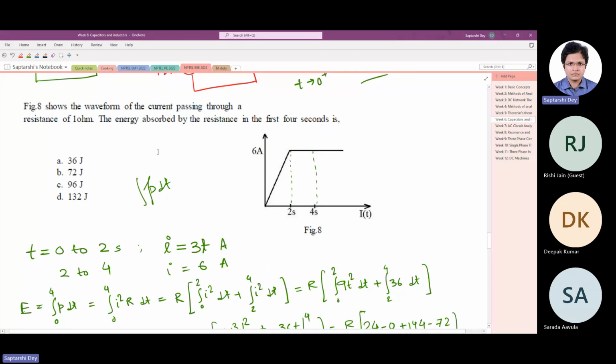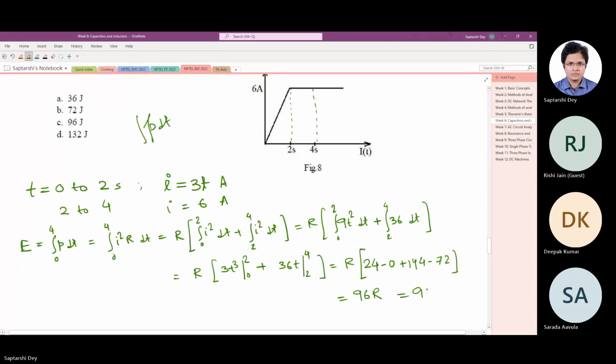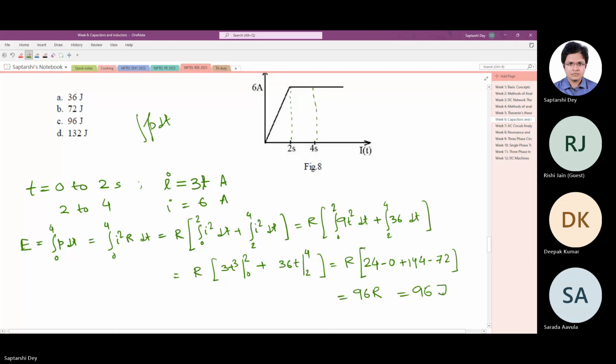How much is R? R is 1 ohm. So 96 joule. Right?